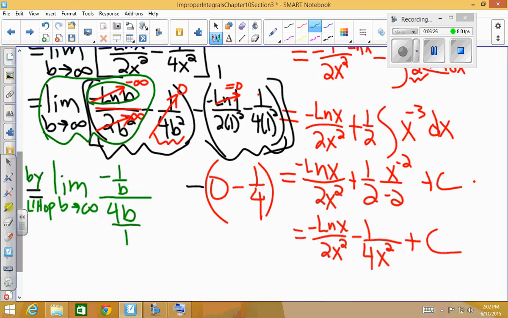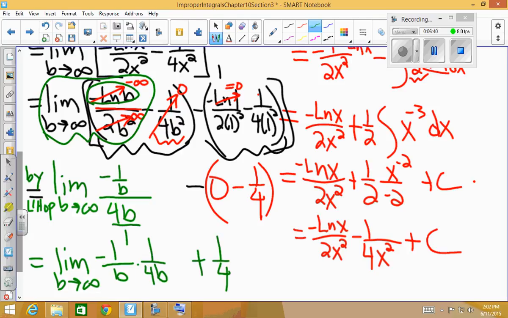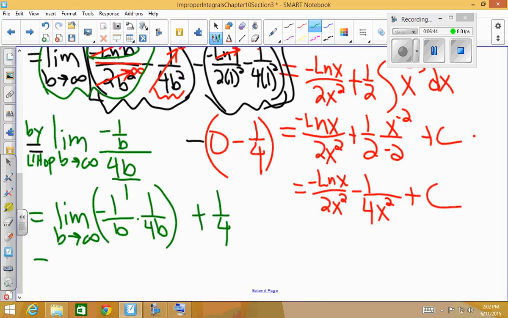If you multiply by the reciprocal, negative 1 over b times 1 over 4b, you'll get negative 1 over 4b squared.